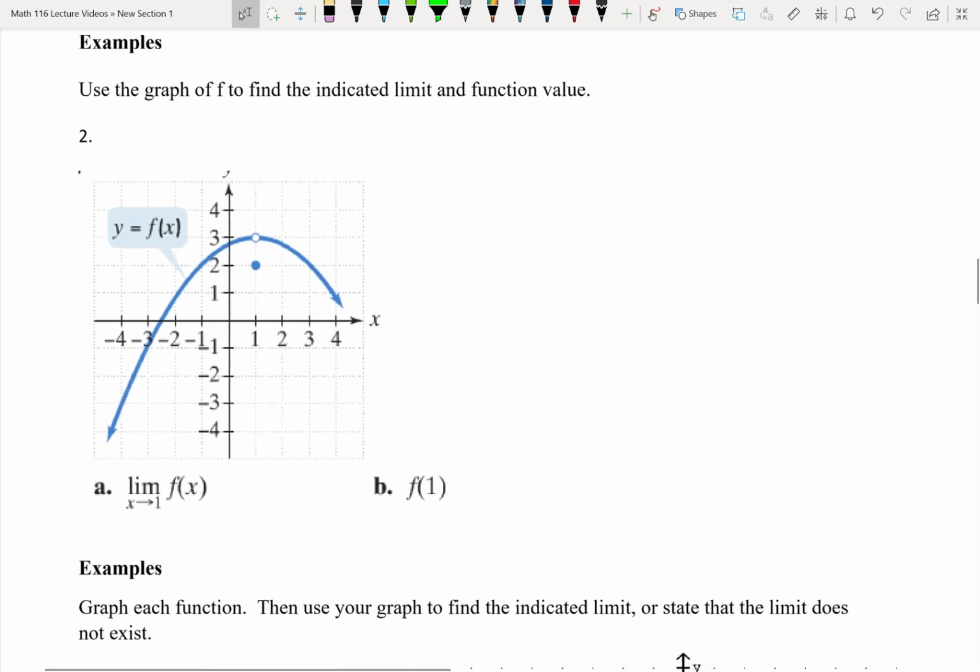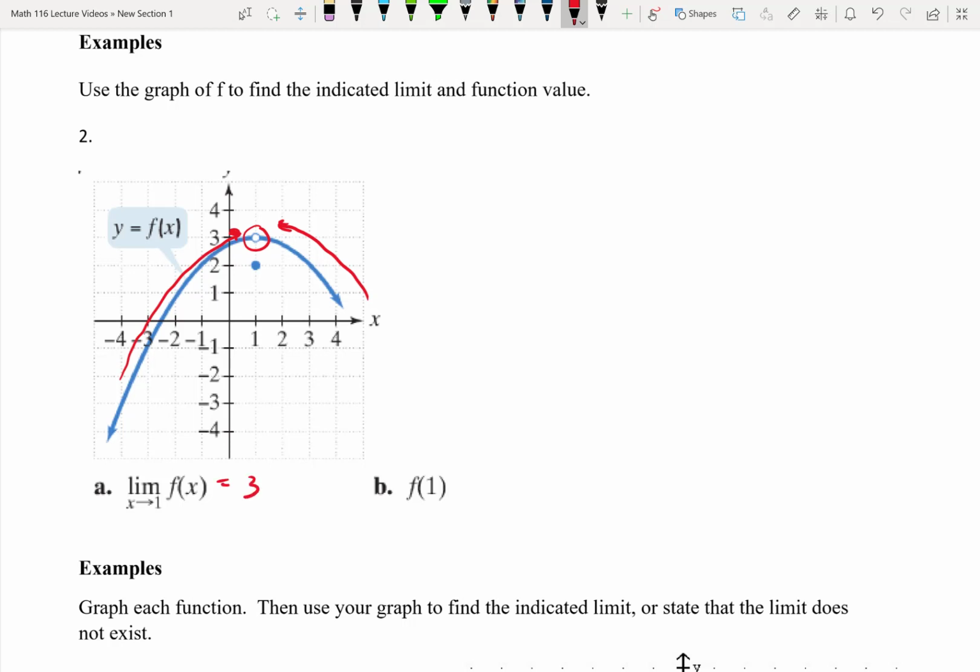So there's two parts to this. We're going to find the limit as x approaches 1 of f of x. So what we're doing is we're looking at the graph on both sides of 1. So if we follow the graph as x approaches 1 on the left, and then on the right, we're seeing if y is approaching a particular value, and it is, it's approaching 3.